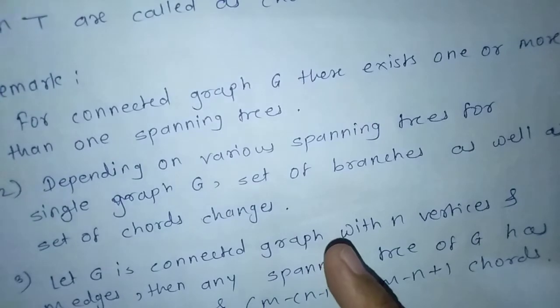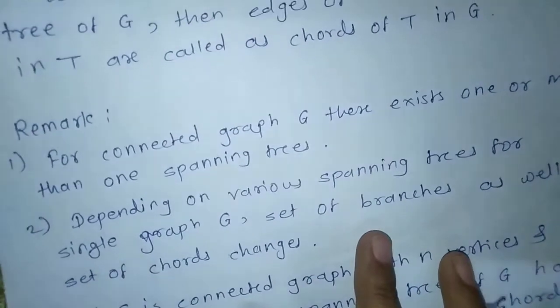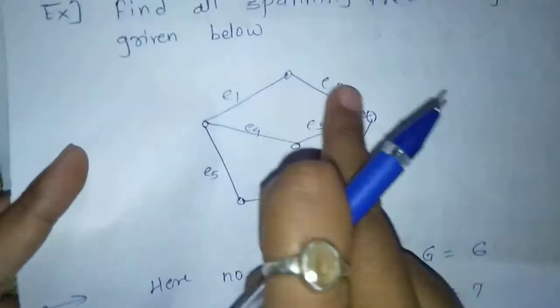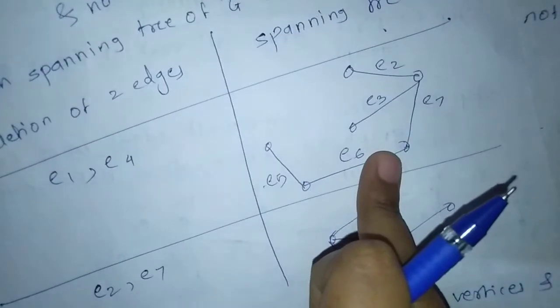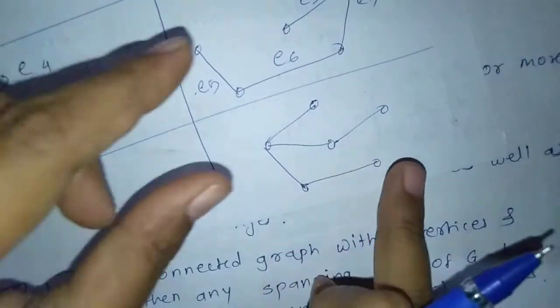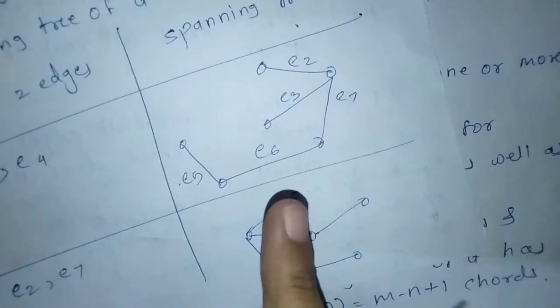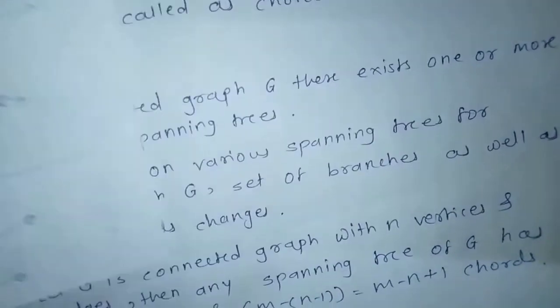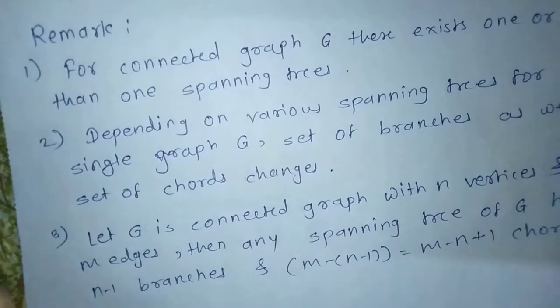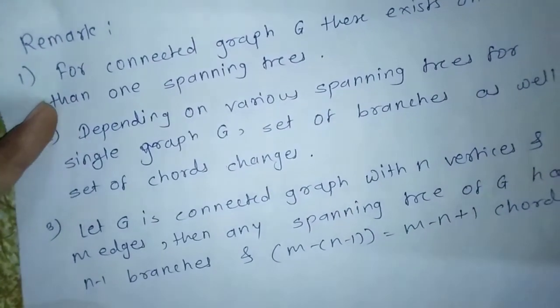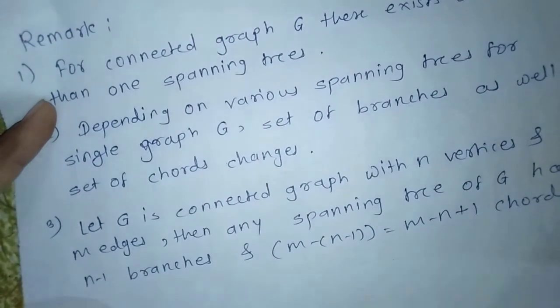Because when we draw the spanning trees of this graph, here the spanning tree is different, and here the spanning tree is different. In these two spanning trees, the branches and chords are different. This is what the remark says: depending on various spanning trees for a single graph G, the set of branches as well as the set of chords changes.